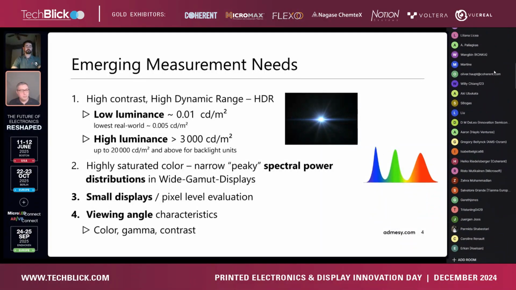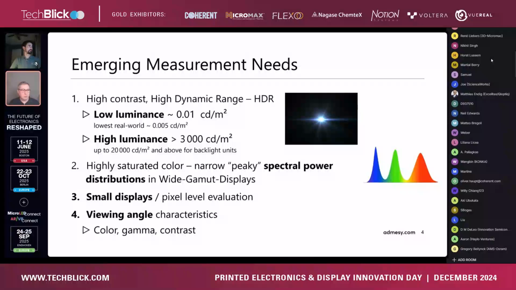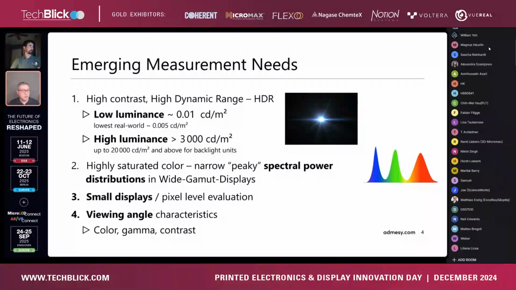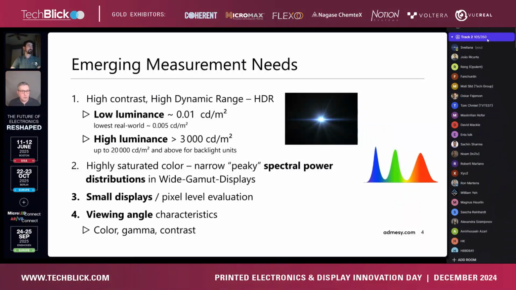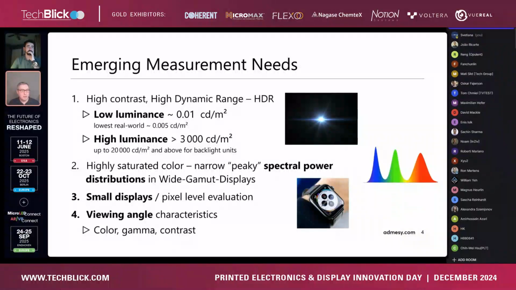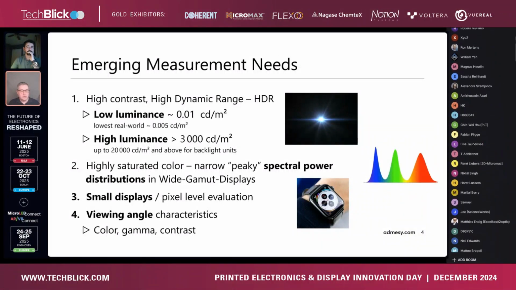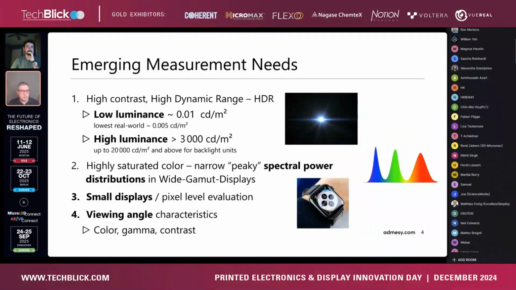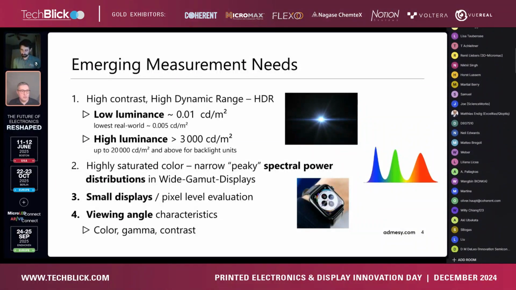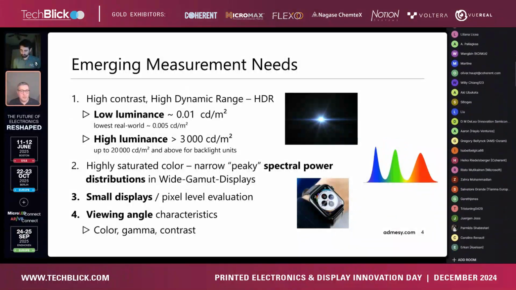So we need the possibility to measure those small displays, either as a complete display as such, or, like we heard in the talk before, also for pixel level evaluation. And finally, especially in the development phase, you need to design everything so that you can get a very good viewing angle for color, gamma, and contrast, and don't have any problems. A micro-LED is potentially very good in that, but you have to take care in the design phase.